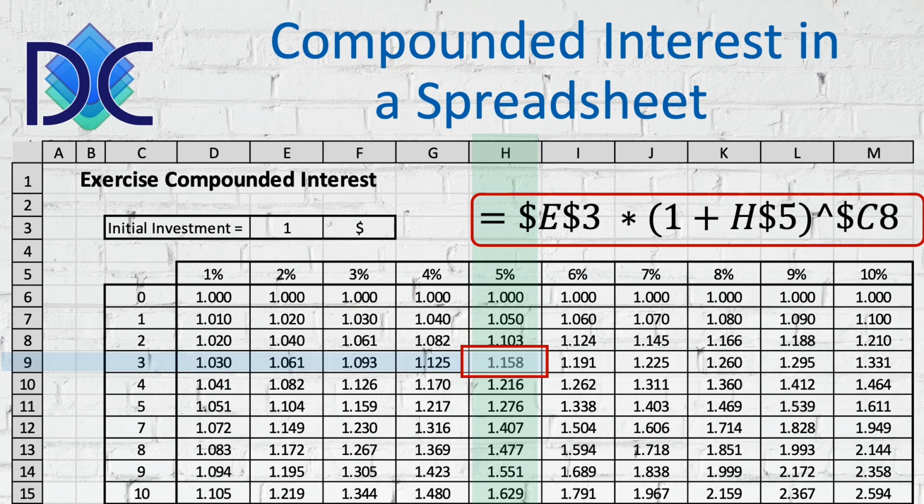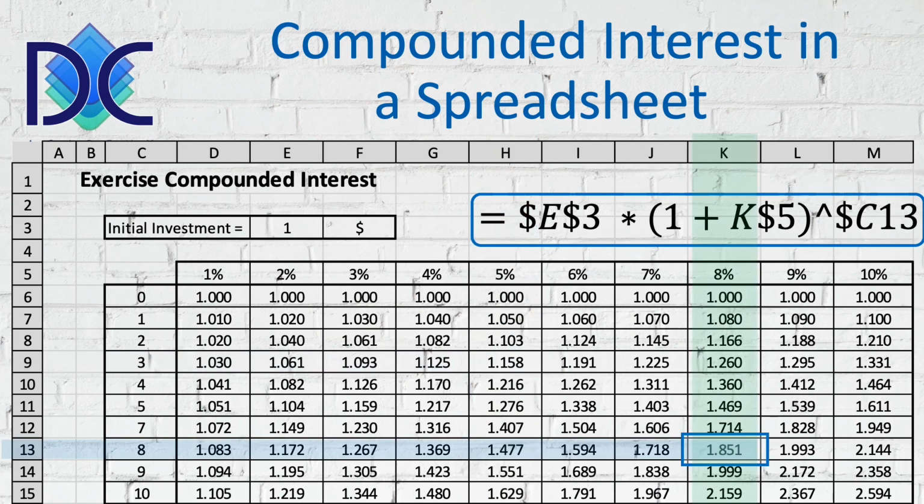And once I use that formula, which is in fact $E$3, meaning the fixed reference of the principal, multiplied with the interest rate, 1 plus H$5, row 5 is fixed, to the power $C8. When I copy this formula over the entire range of the table, it will adjust automatically. And it's a very simple way to do the calculation.